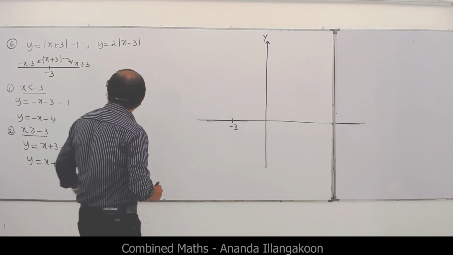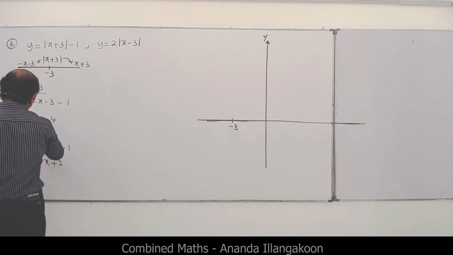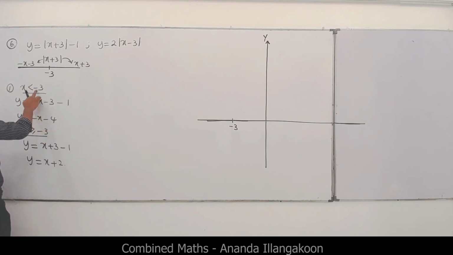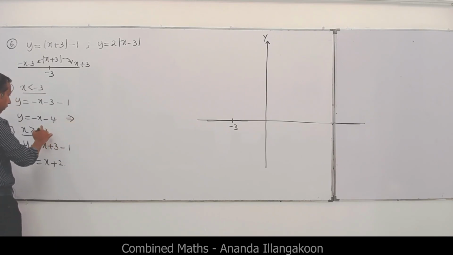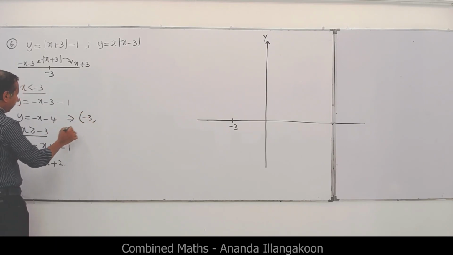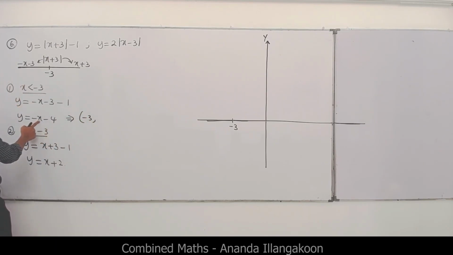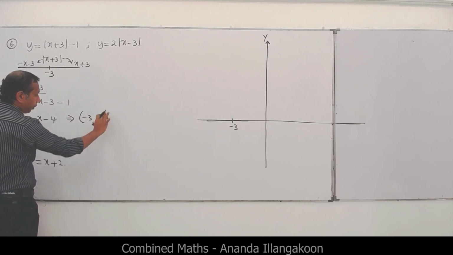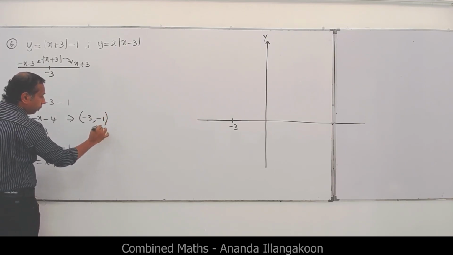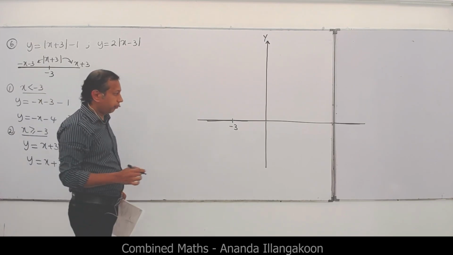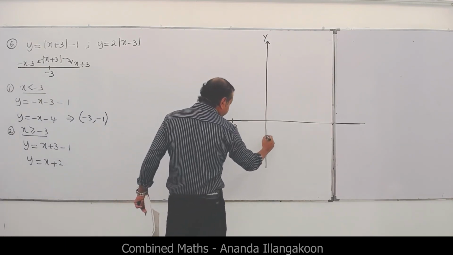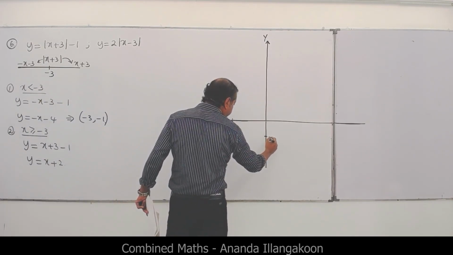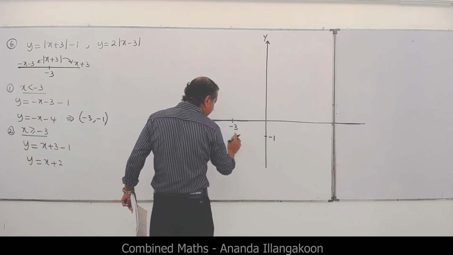When we draw this line, we definitely have to put x equals minus 3 and find one point. Put minus 3 here: minus 3 plus 3 minus 4 is minus 1. So this is the turning point of the graph. At x equals minus 3, it is minus 1. Suppose minus 1 here. This is that point.